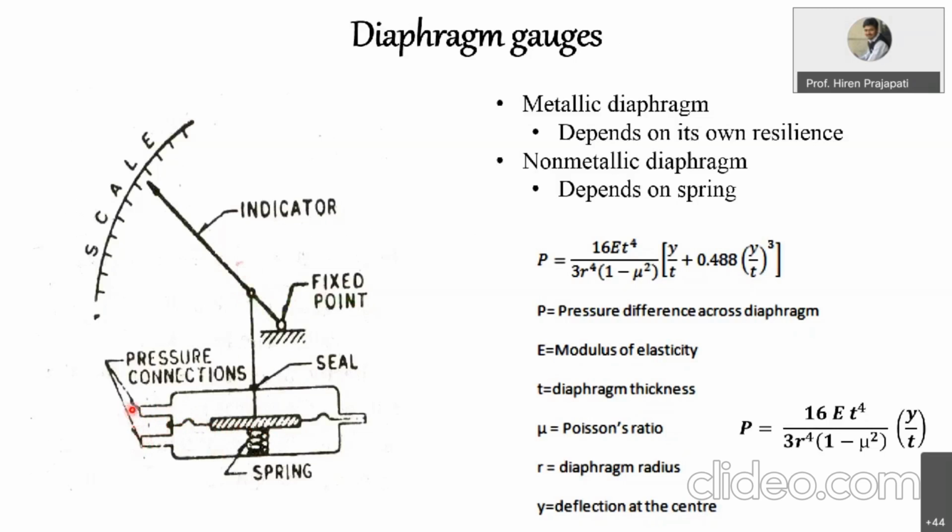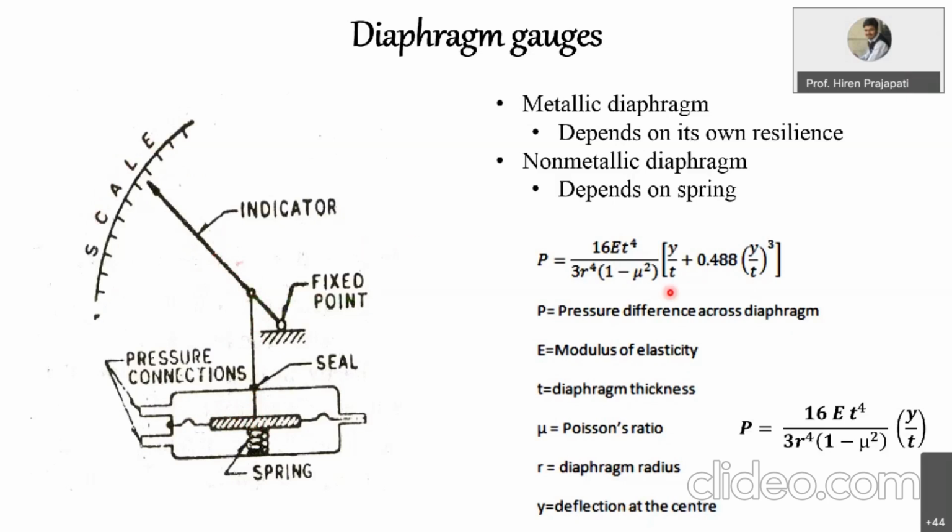Now when pressurized fluid is applied on a diaphragm, which is nothing but like a thin disc, because of that pressure this disc will deform, and the deformation of this disc is transmitted to this pointer. So because of the deformation, the pointer will deflect and indicate the pressure.